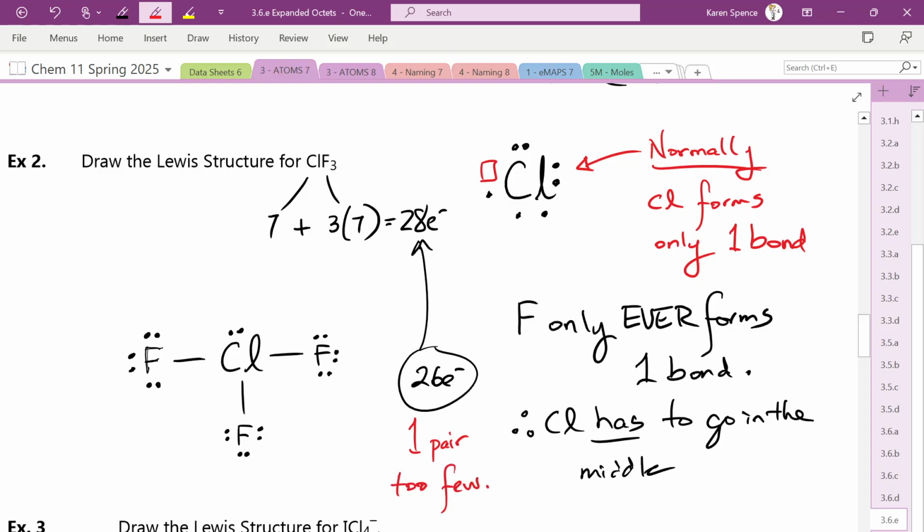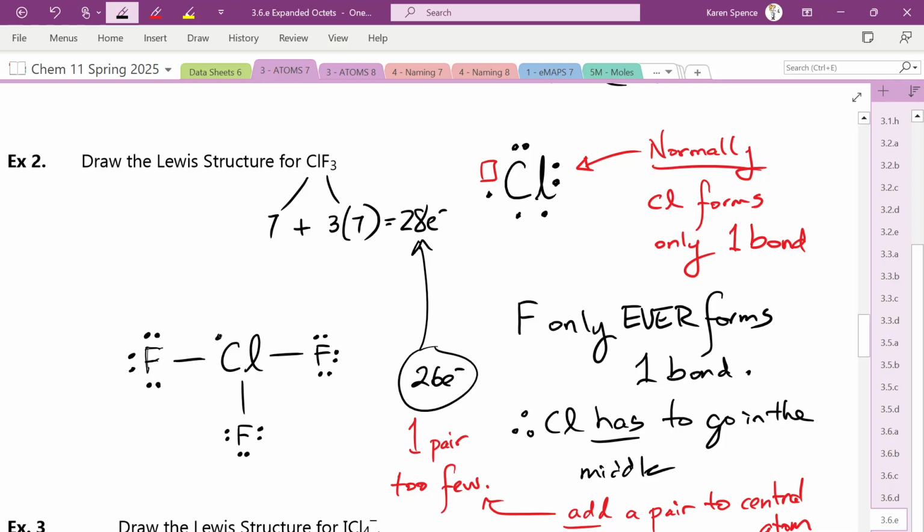So instead of erasing a pair from the central atom, we will add a pair to the central atom. In this case, I'm going to erase this pair so I can redraw it so it's a little bit tidier.